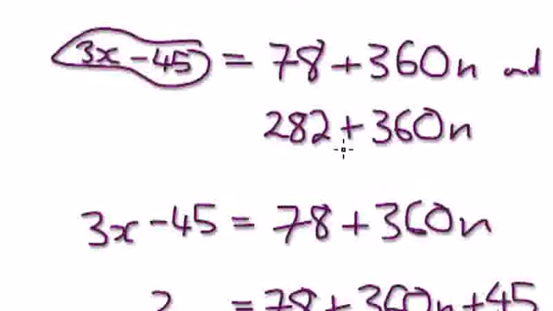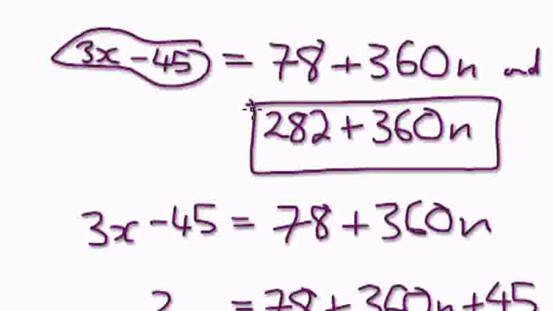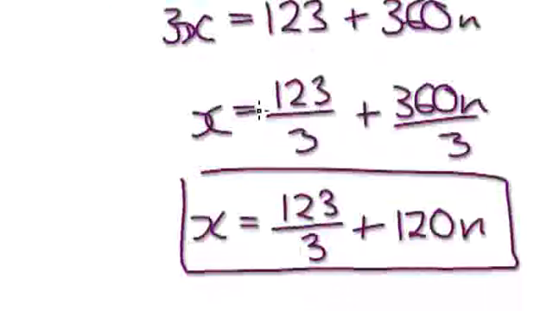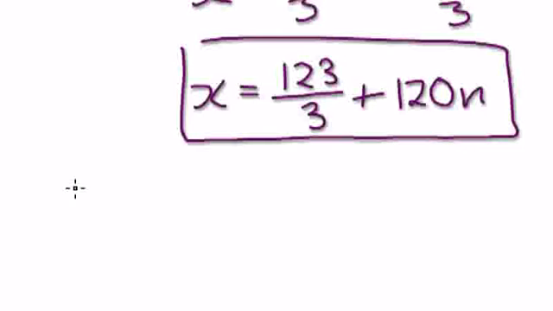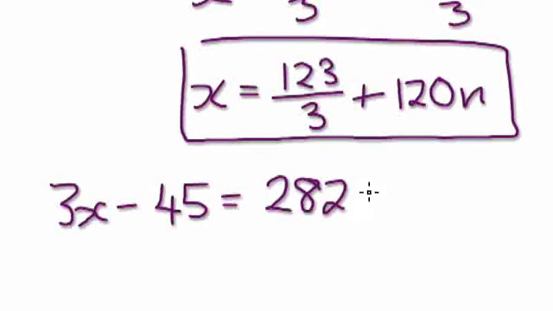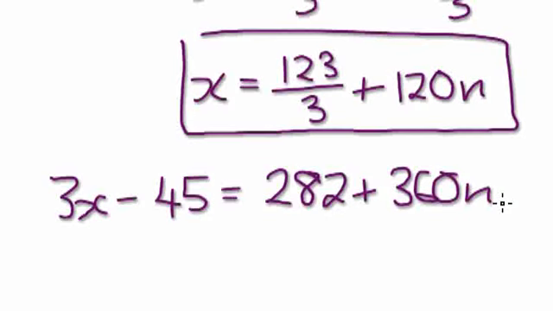And our other set. Now we're going to look at this set here. Okay, so back to the beginning. 3x minus 45 equals, what was it? 282 plus 360n. Okay.